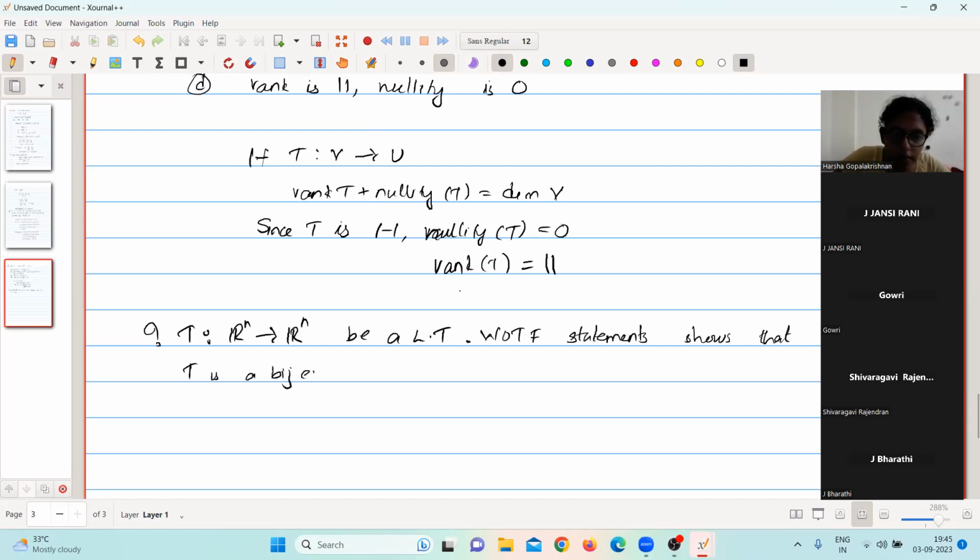So we have a set of statements. So which of the statements says that T is a bijection?